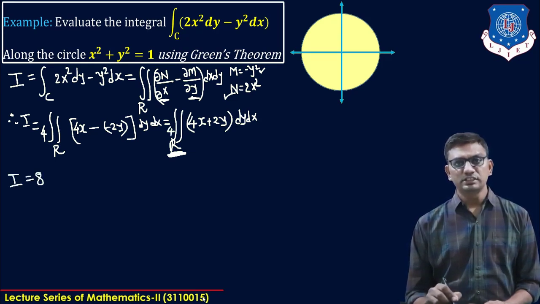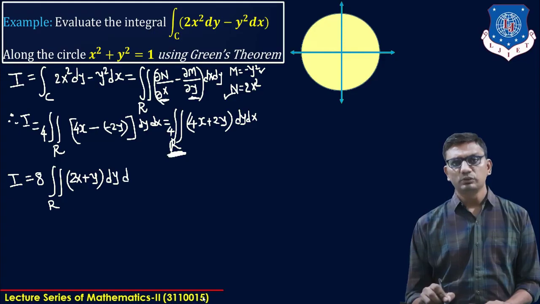So our integration is 8 times, because 2 is common from 4x plus 2y, over the region R. So our integration is 8 into the double integral over the region R of 2x plus y dy dx.